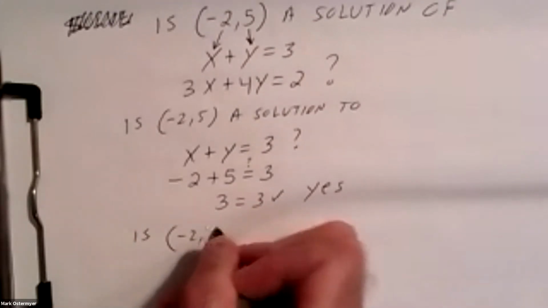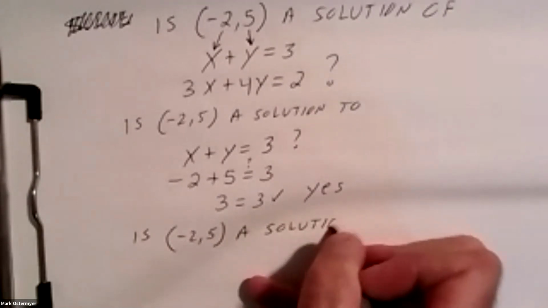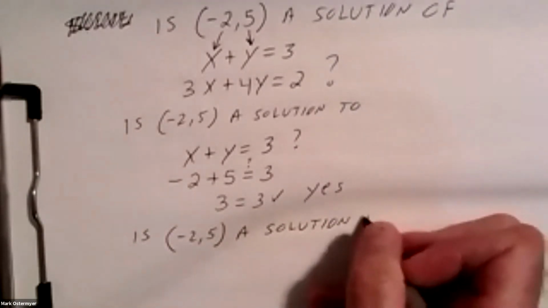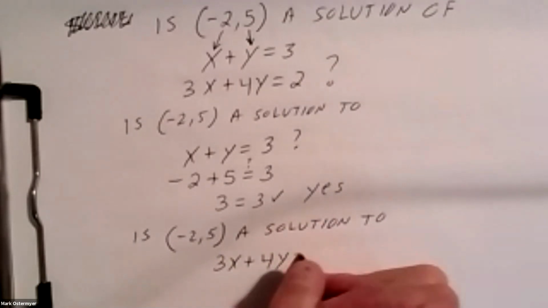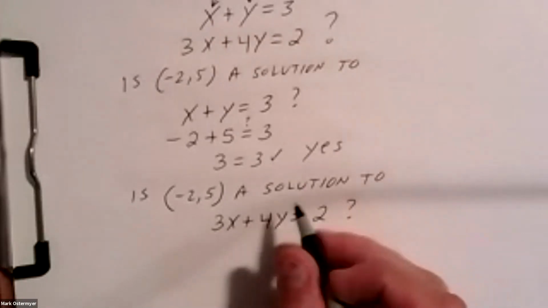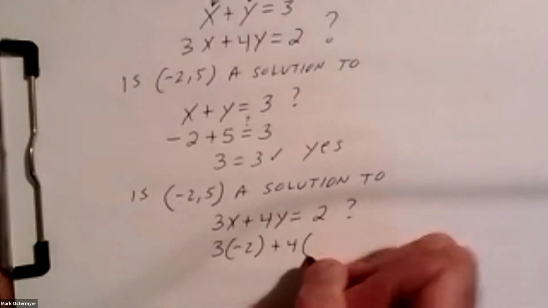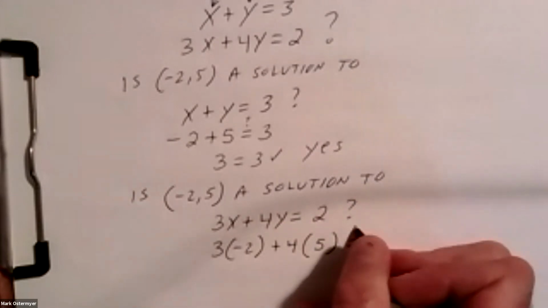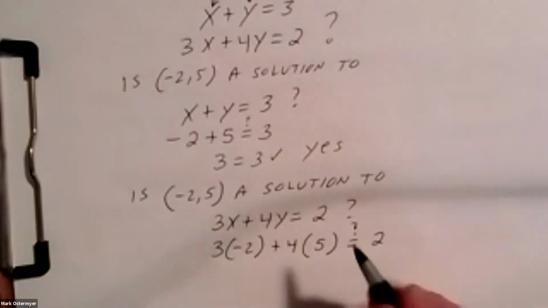Is (-2, 5) a solution to the second equation? That means if I replace x with -2, replace y with 5, is the second equation satisfied?